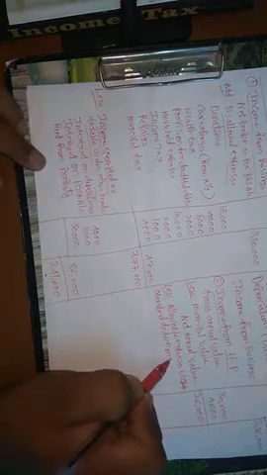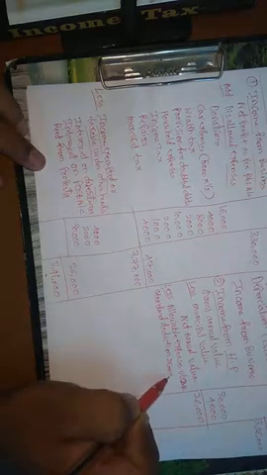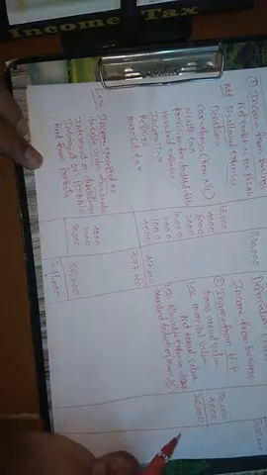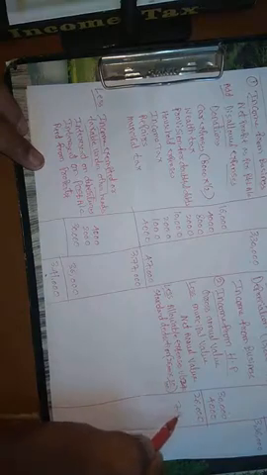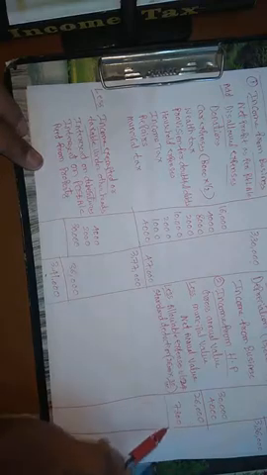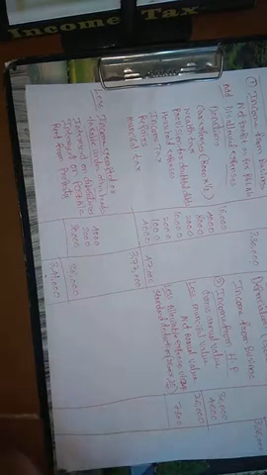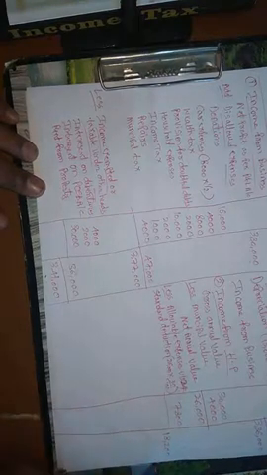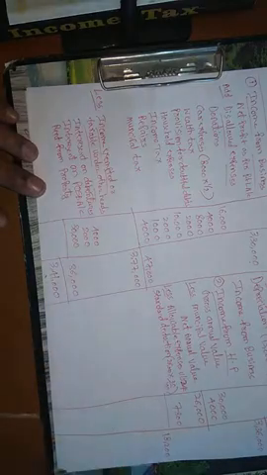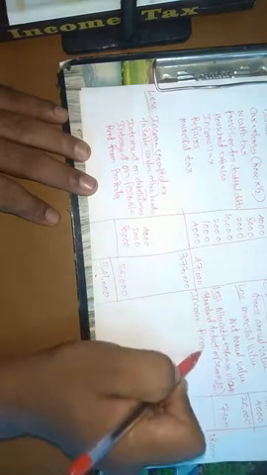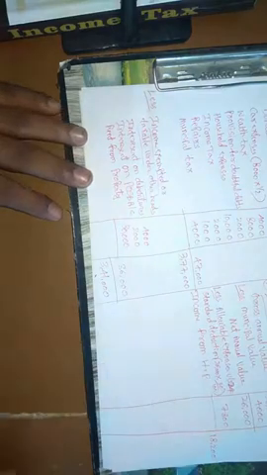So it is 26,000 into 30 divided by 100, so it is 7,800. Now we need to remove this: 26,000 minus 7,800. The value we get is 18,200. This value is called income from house property.